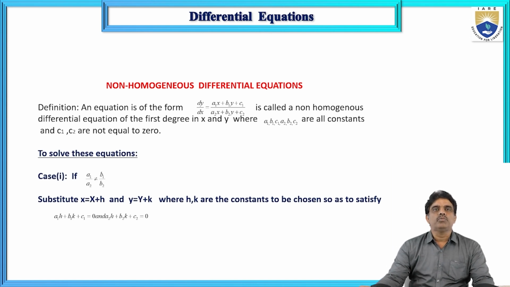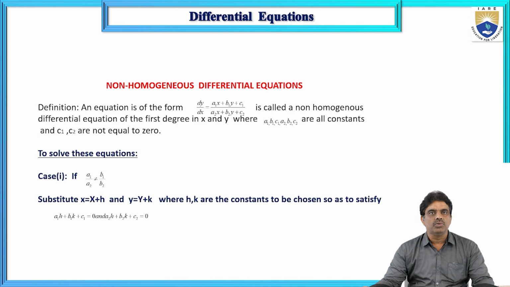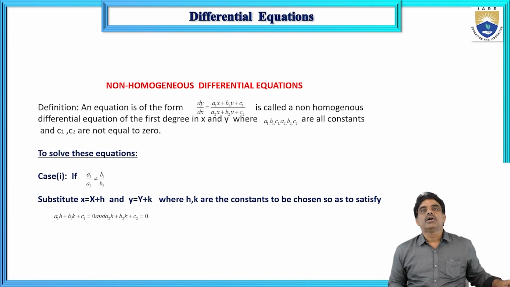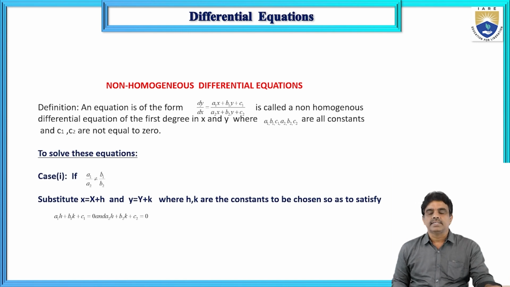If a1 b2 minus a2 b1 not equal to 0, we follow one method. If a1 b2 minus a2 b1 is equal to 0, we follow another method. So already we have seen the working principle, how to solve the differential equation when these cases arise.